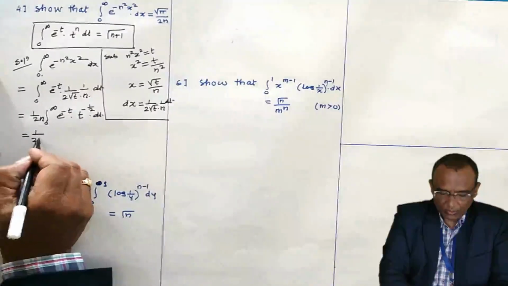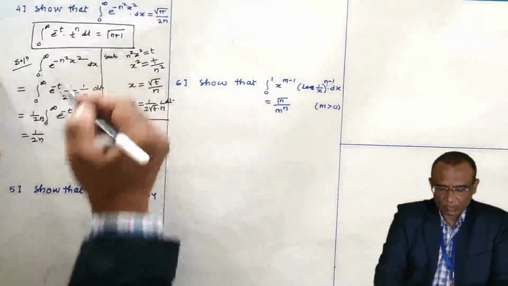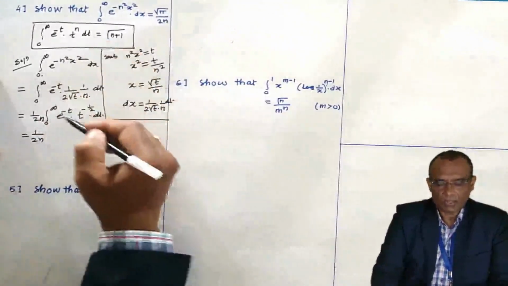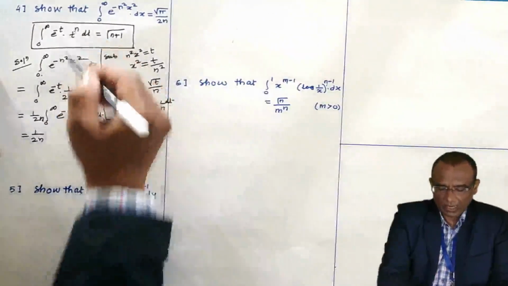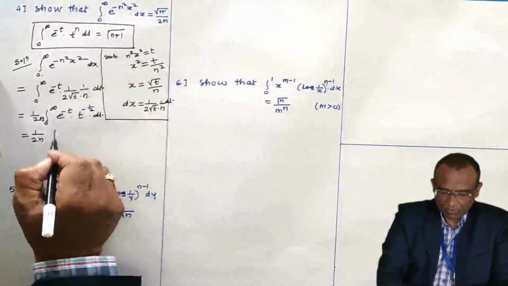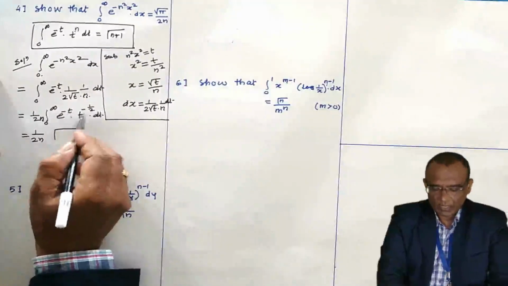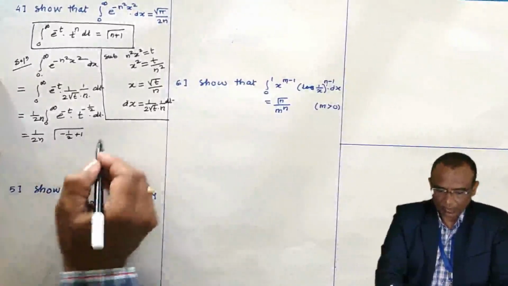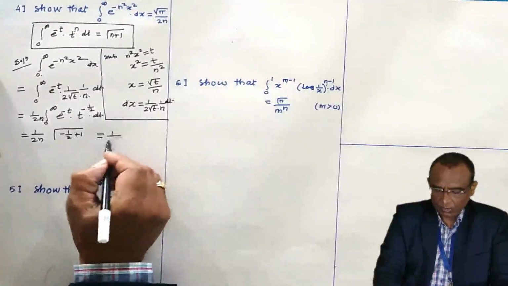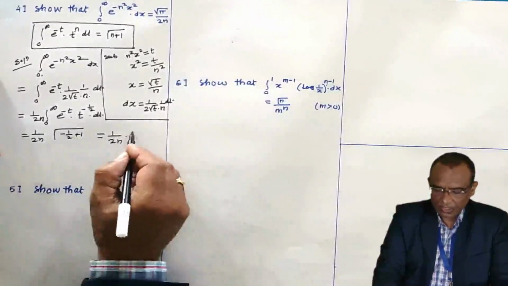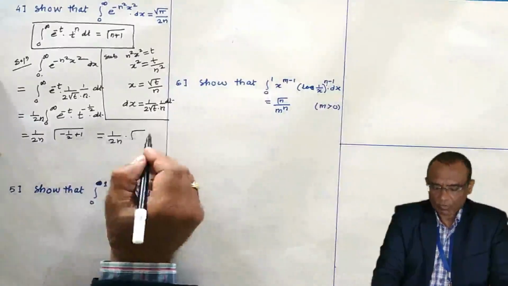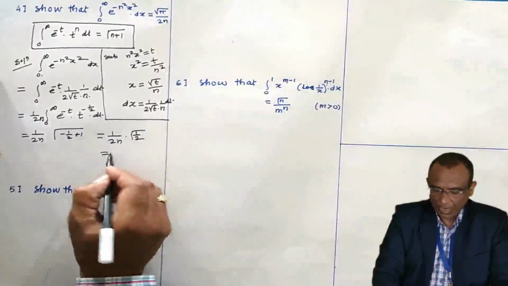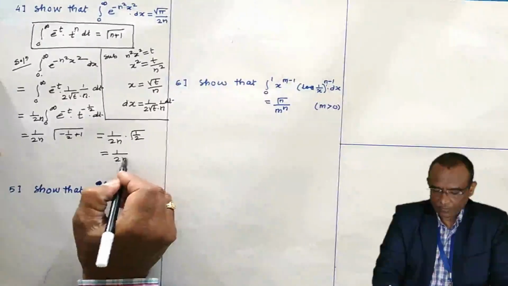So 1 by 2n, if you use this formula, here the n in the gamma function result is minus 1 by 2, so that will be e to the power minus t, t to the power minus 1 by 2, which is gamma of minus 1 by 2 plus 1. Now 1 by 2n as it is, this is gamma 1 minus 1 by 2, which is 1 by 2, and gamma 1 by 2 is root pi.